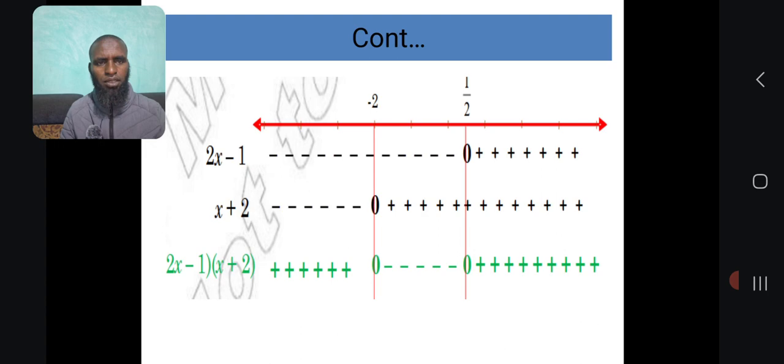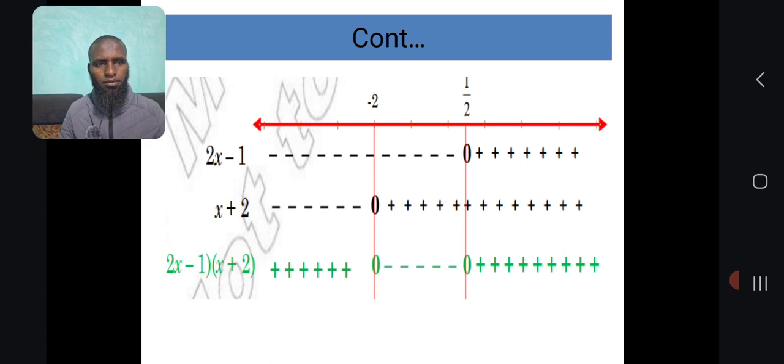Negative times 0 will give us 0, and between −2 and 1/2, negative times positive will give us negative. At 1/2, 0 times positive will give us 0, and above 1/2, positive times positive will give us positive.